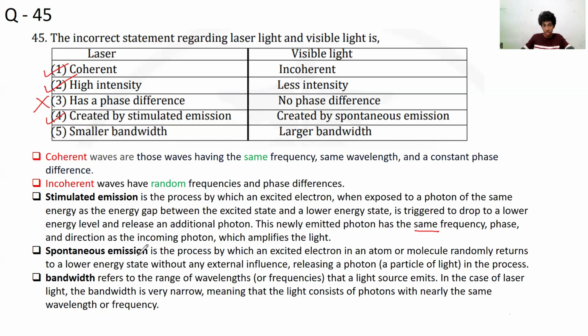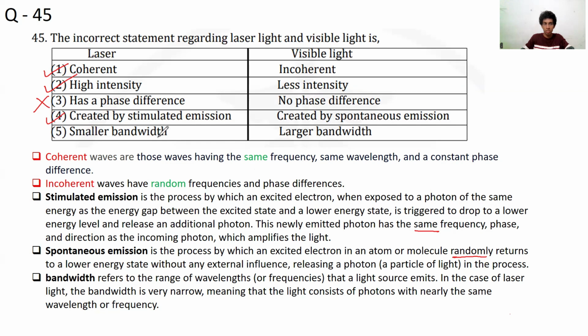Then what is spontaneous emission? Spontaneous emission is the process by which an excited electron in an atom or molecule randomly returns to a lower energy state without any external influence, releasing a photon, a particle of light, in the process. Therefore, fourth one is correct.